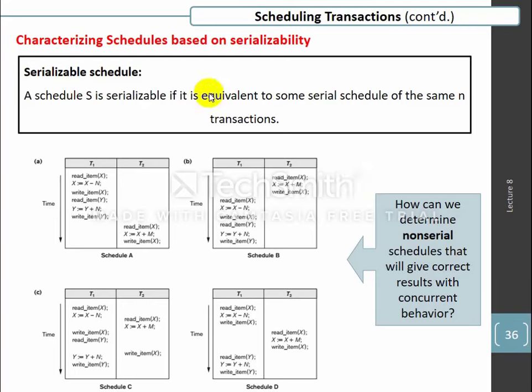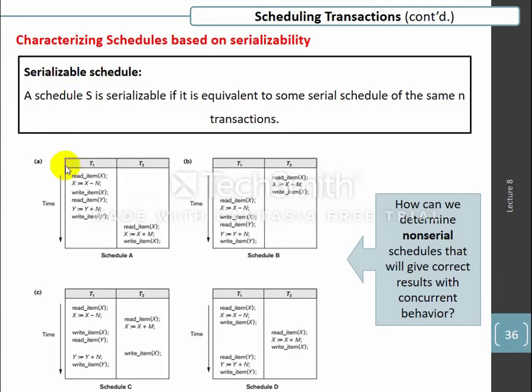So now we're going to talk about the schedules that are based on serializability, and we have some examples here to explain serializability. First, we have a rule which says every serial schedule is a serializable schedule, but not every serializable schedule is serial.